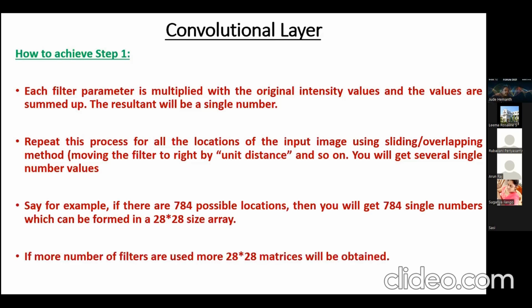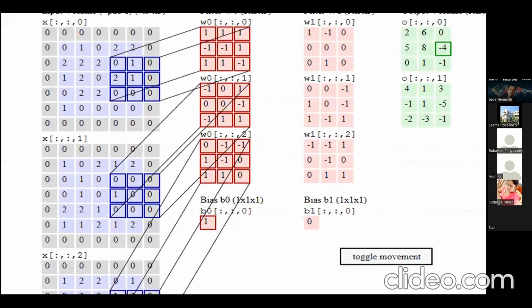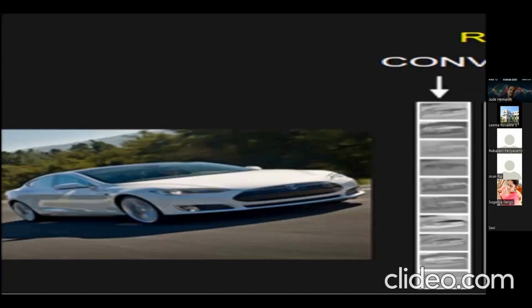Similarly, suppose with the first torchlight you are not able to find your object, you go out, take another torchlight and come back again. So the output depends upon your torchlight, depends upon the intensity. That's why selection of filters is very, very crucial in your convolutional neural networks. Now this is the output which you can visualize.